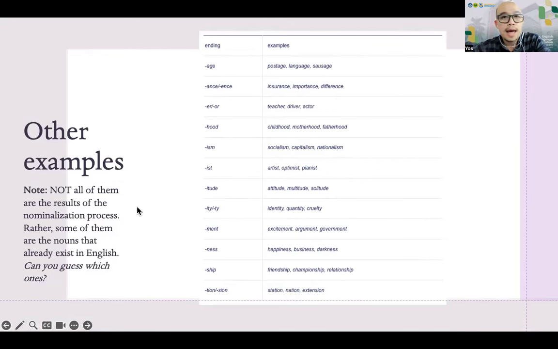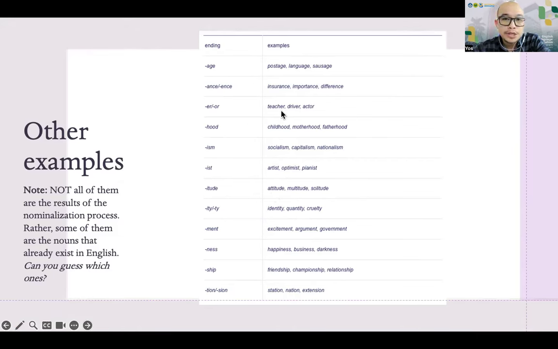For example, attitude. Attitude is not from another part of speech. Attitude is a noun from the very beginning. It doesn't come from another part of speech.